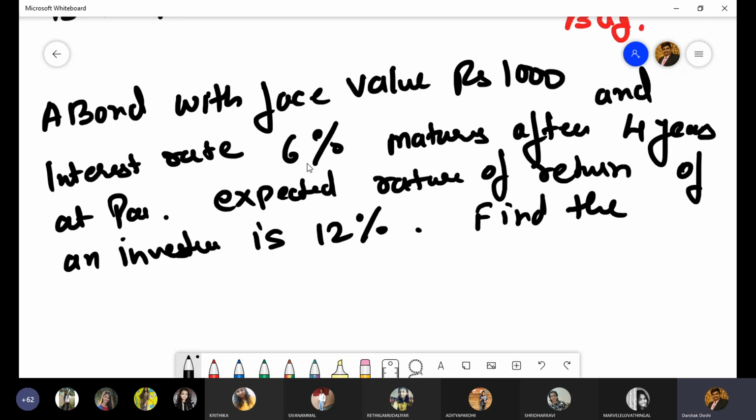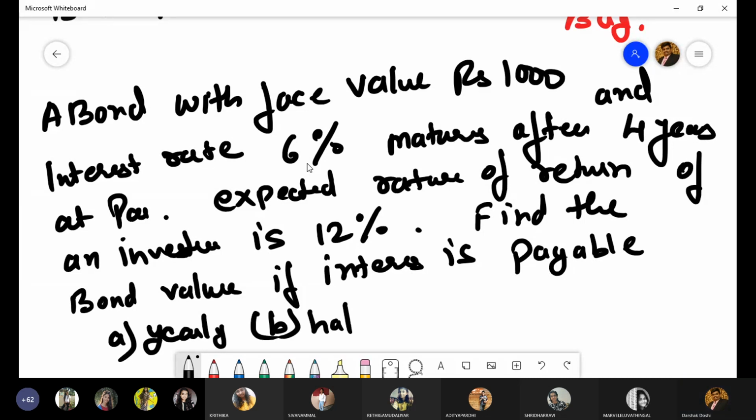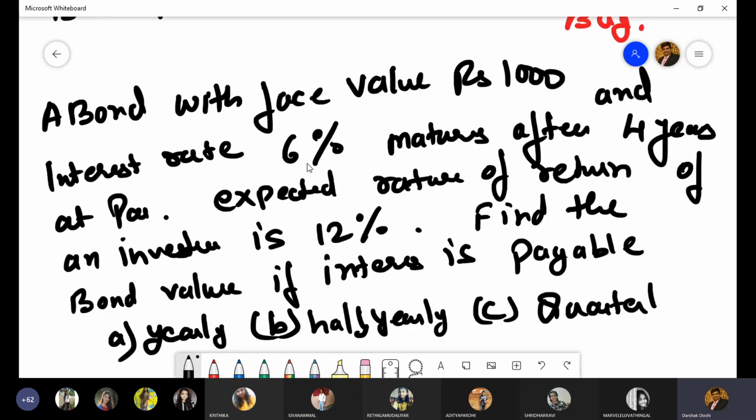Find the bond value if interest is payable: A, yearly. B, half yearly. C, quarterly. And D, monthly.